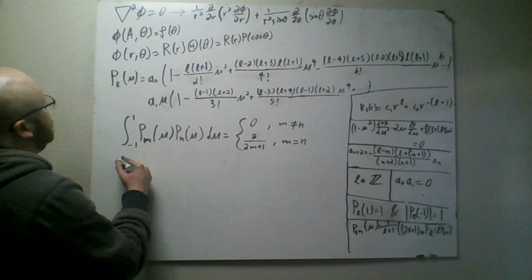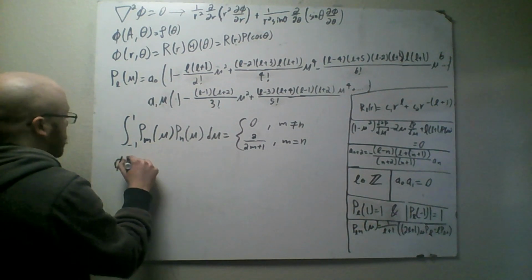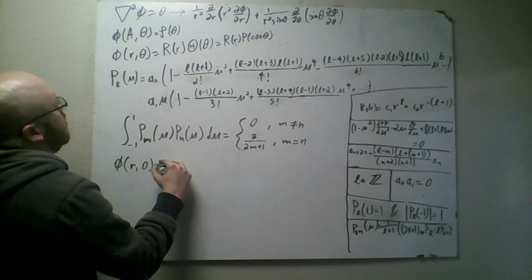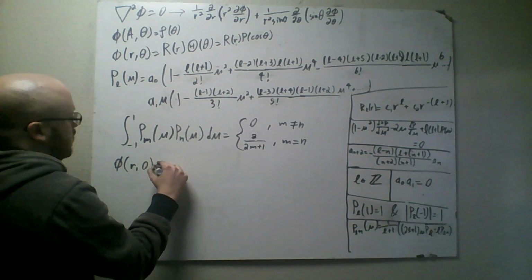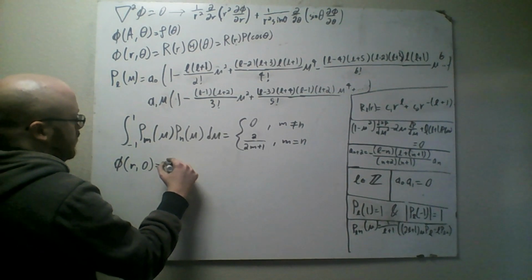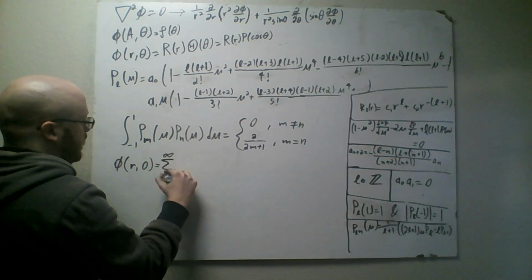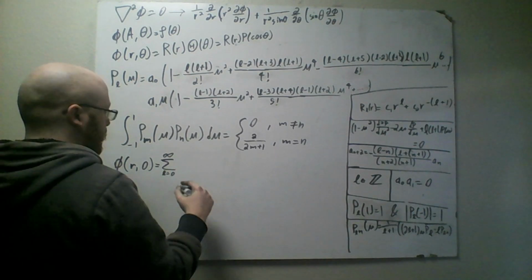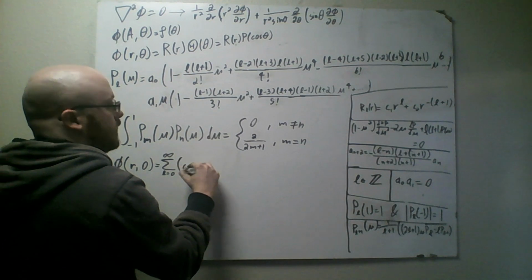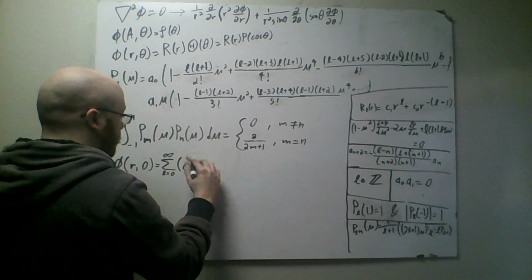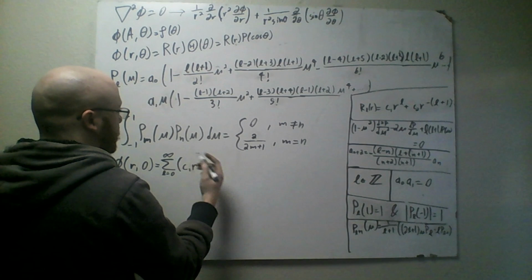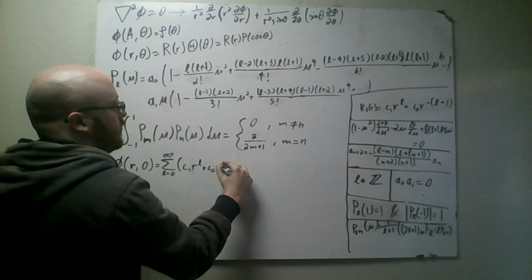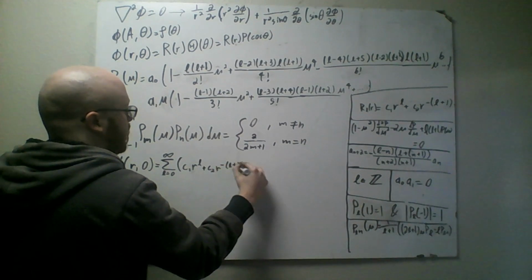So our solution to this differential equation is the sum from L equals 0 to infinity of C1 r to the L plus C2 r to the negative L plus 1, right?